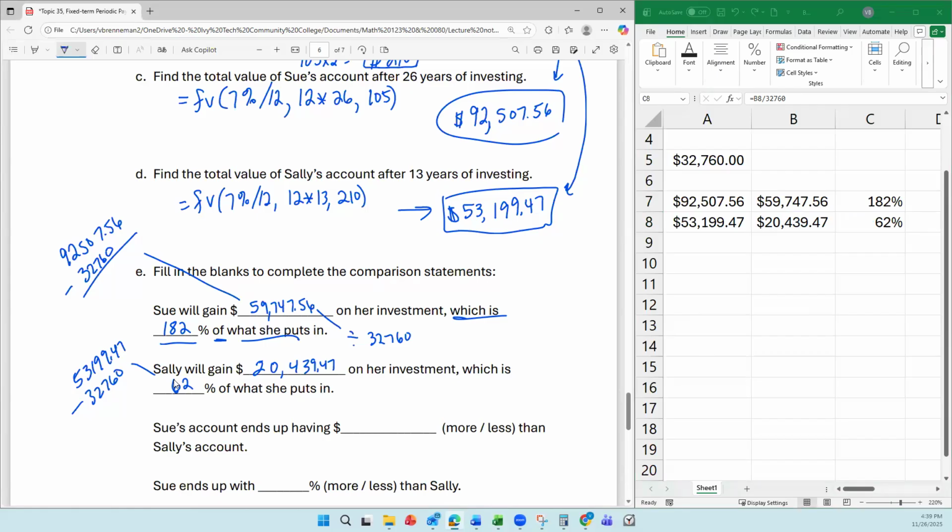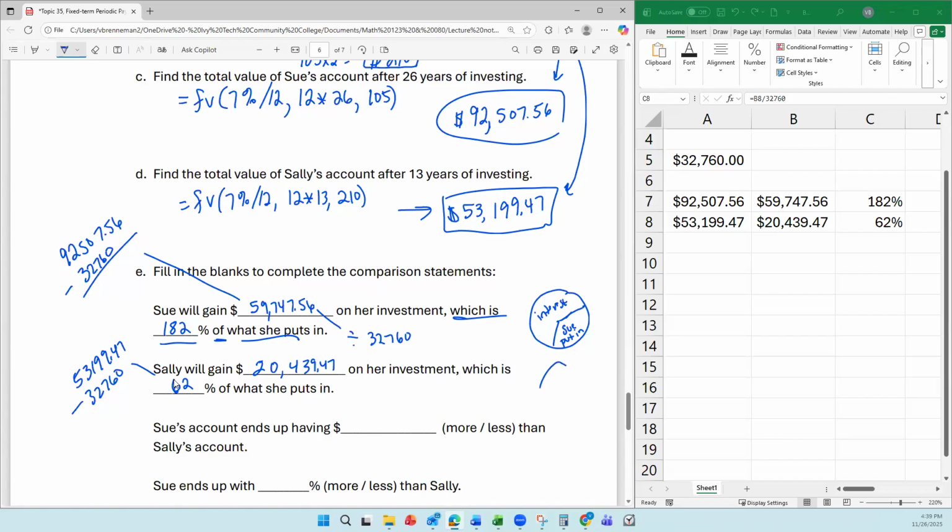So for Sue, we would have something kind of like this. The whole circle is her whole balance. This is what she put in, and this is what she gained in interest.